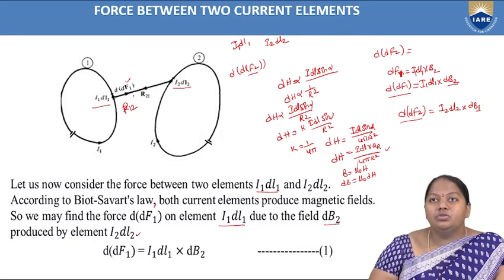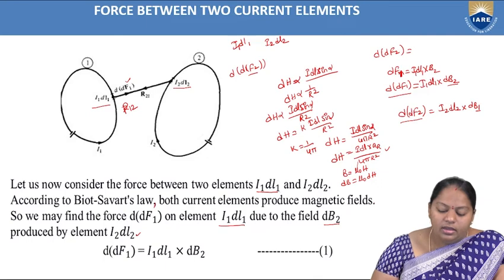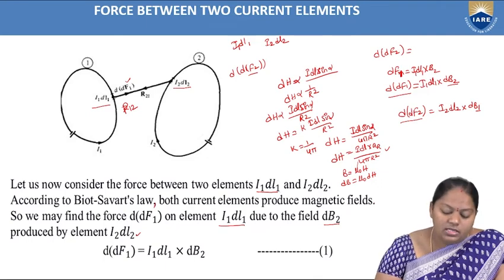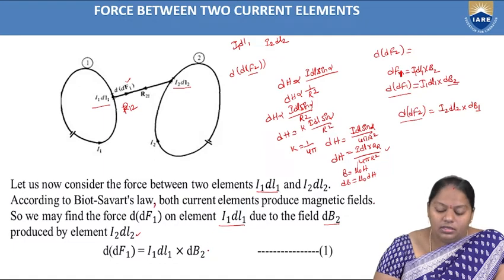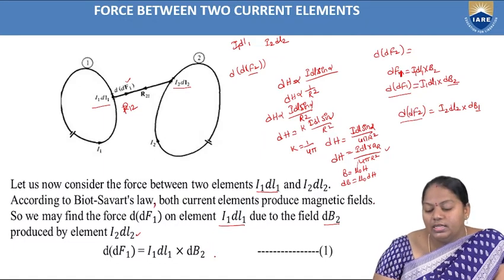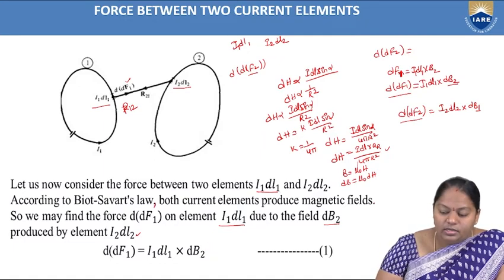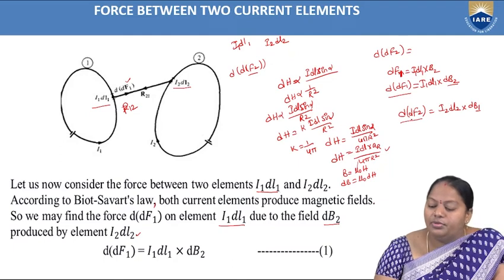Depending upon that, the force experienced on the two current elements, according to Biot-Savart's law, is d of dF1 equal to I1 dl1 into dB2. In the second case, for the second force F2, d of dF2 equal to I2 dl2 into dB1.